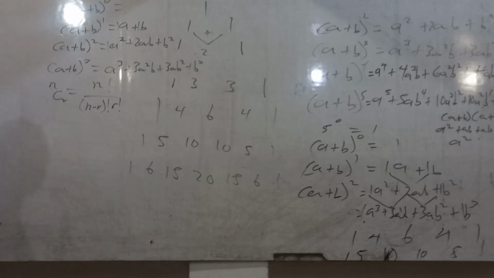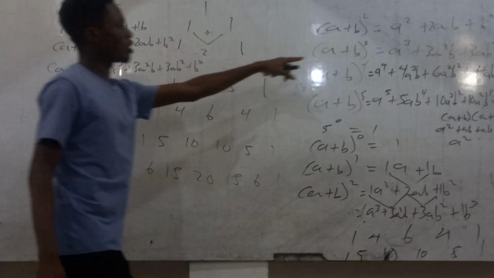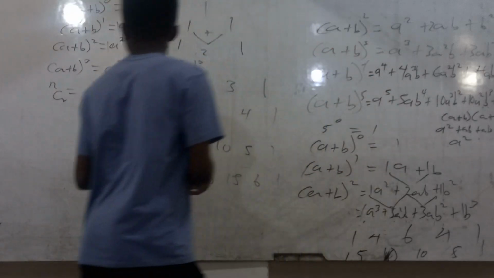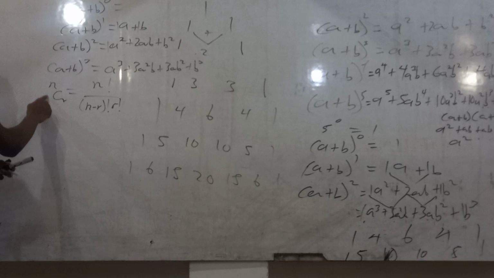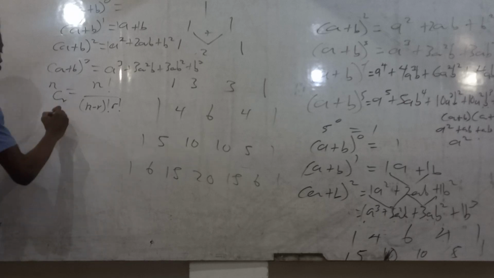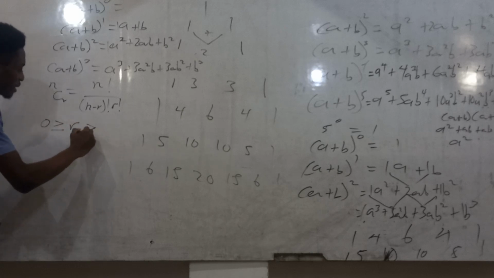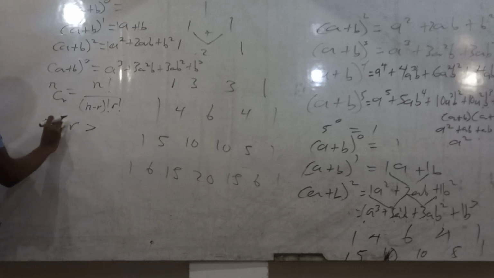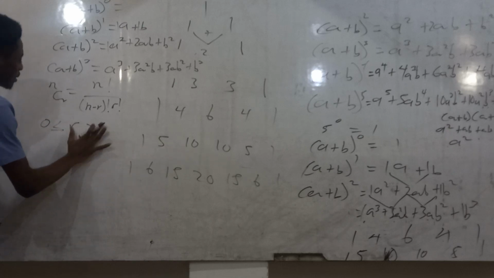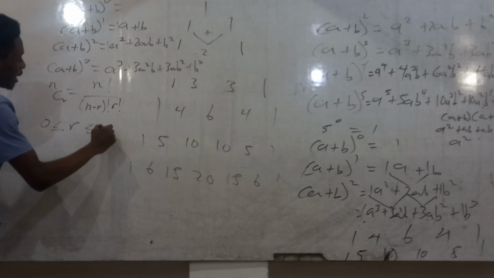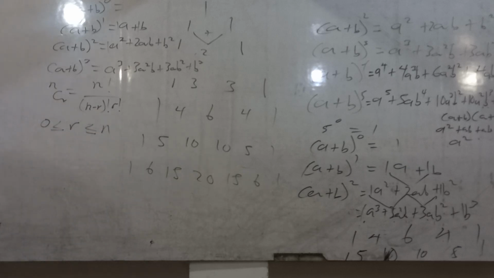Okay, so let's see how we get these ones. I said it is n combination r, but r starts from 0 and ends at the nth term.